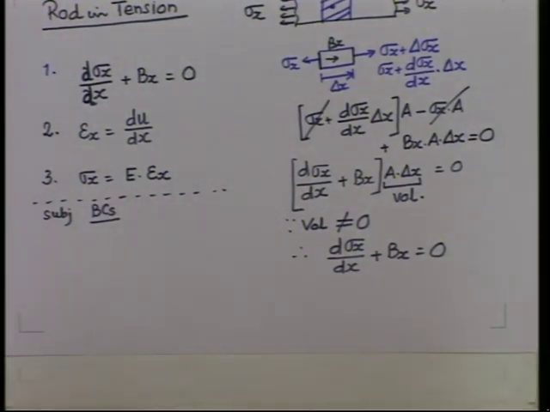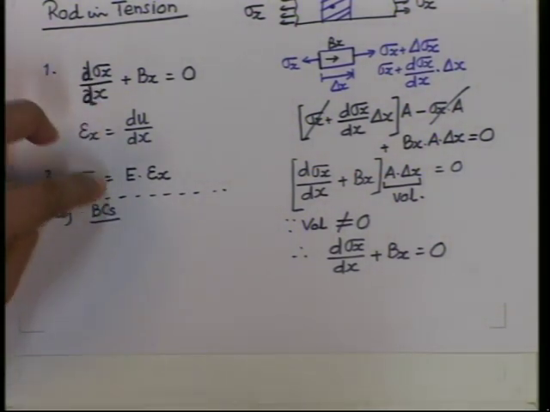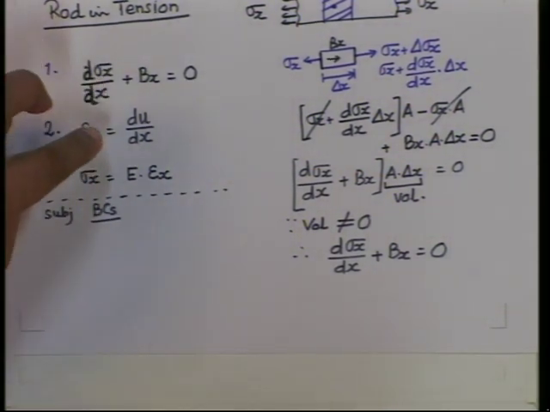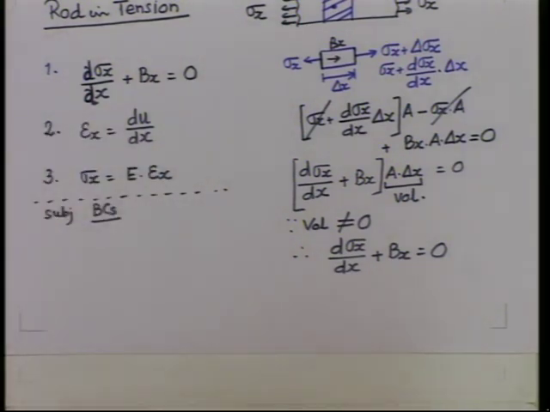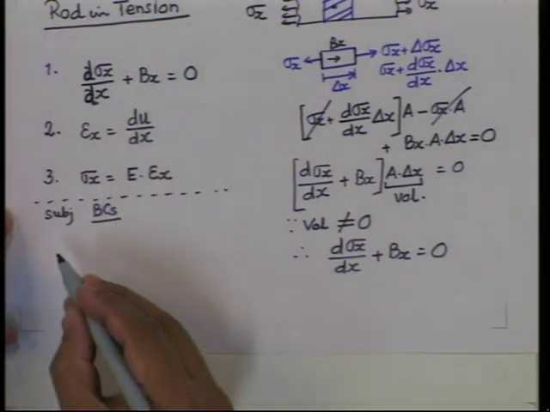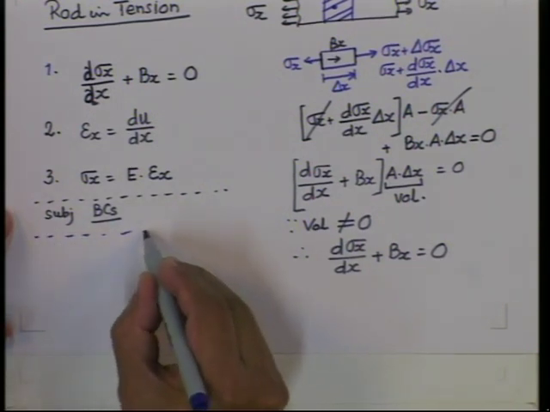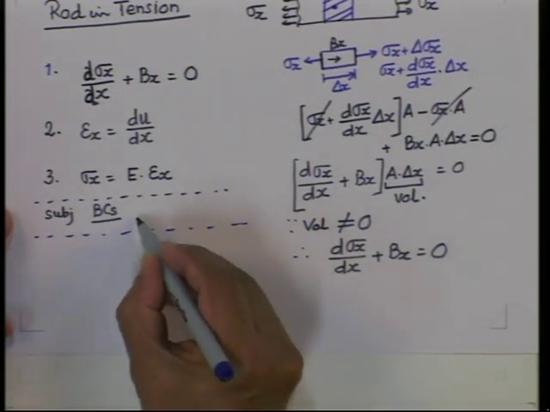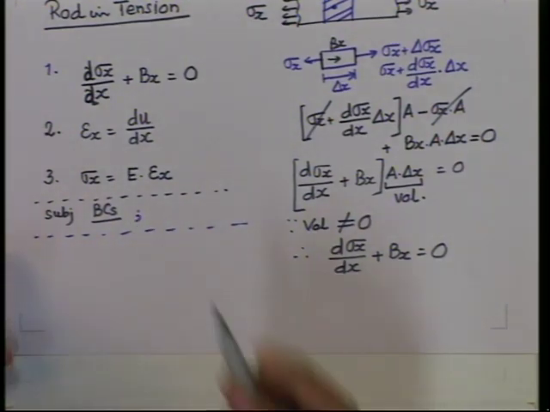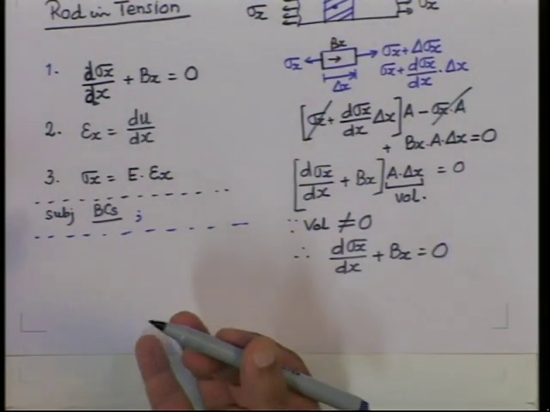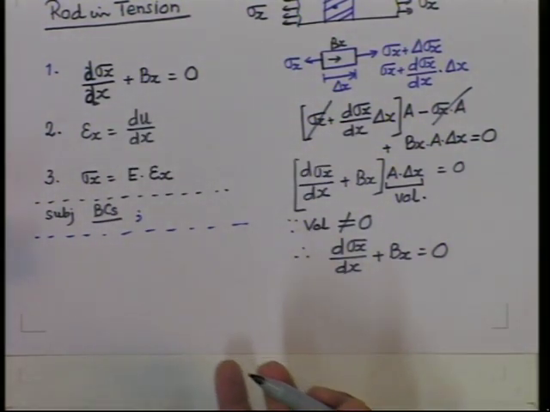Now we have three equations which govern equilibrium, strain-displacement, and constitutive behavior. We want to get one equation, so we get it from 2 and 3. Remember, an elasticity problem is also a boundary value problem. These equations will give a second order equation.